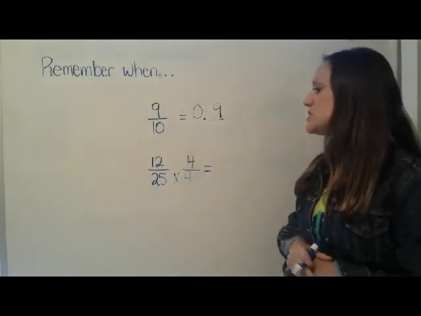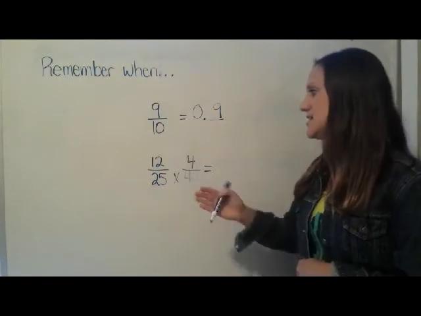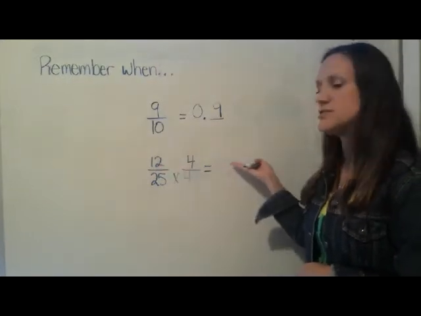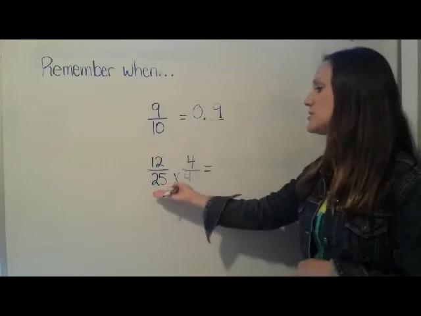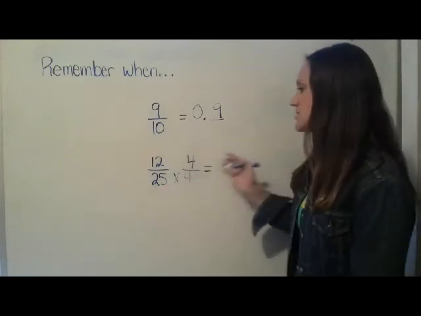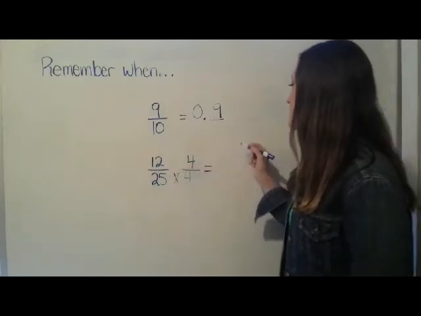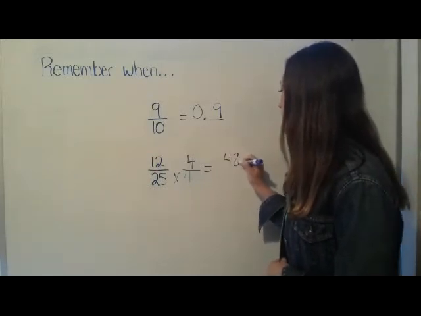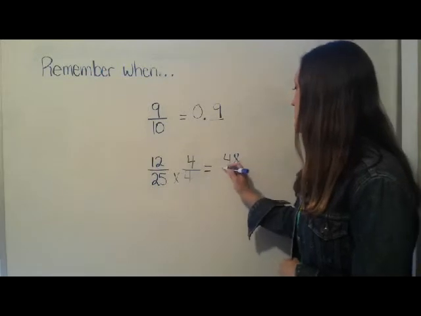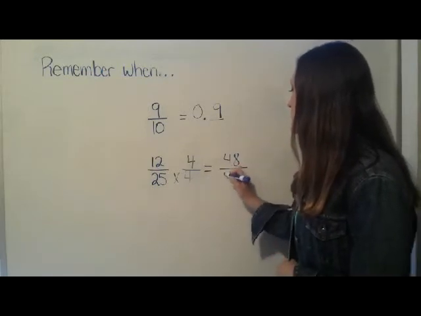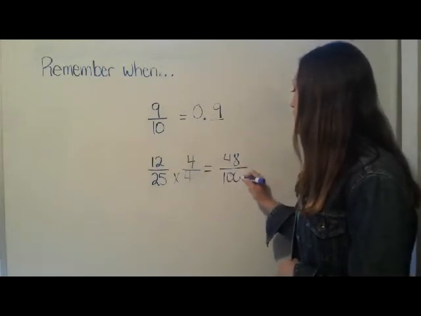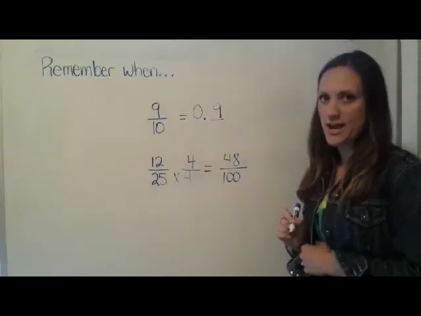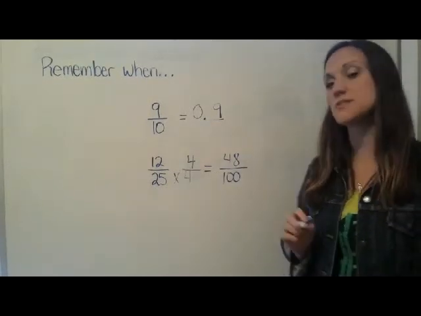Now we know from our multiplication of fractions lesson that we multiply our numerators and record our answer, and we multiply our denominators and record our answer. So 12 times 4 you will find is 48. And 25 times 4 you will find is 100. Now we have the fraction 48/100ths.